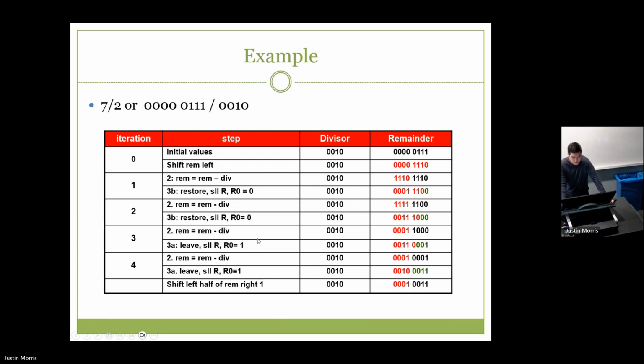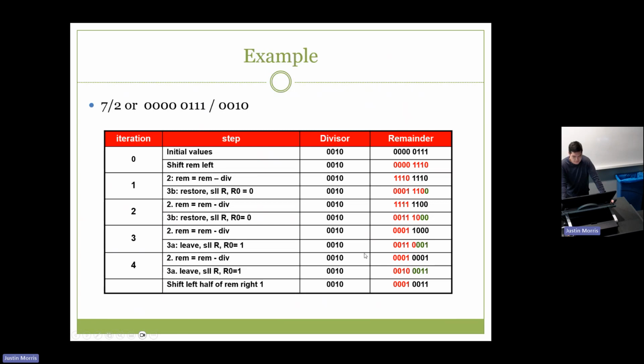Iteration 3, we're going to do our subtraction again. So we have this, and we're subtracting from this, and our result is now positive, right? So we're going to not restore, append a 1 to our quotient, and shift left.